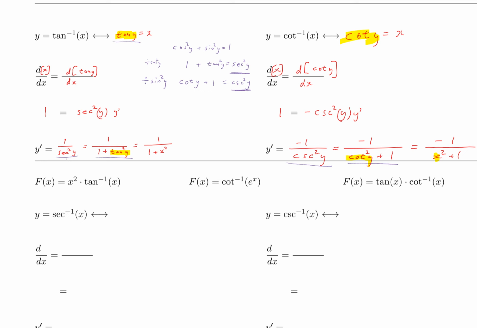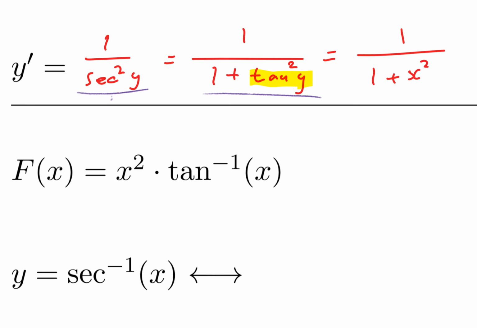I encourage you to try these on your own. I'm sorry that I didn't leave enough space on these, but I'll work through these the best I can with the space I have provided. So in this one, we simply apply the product rule and the two formulas that we just derived to get this result.